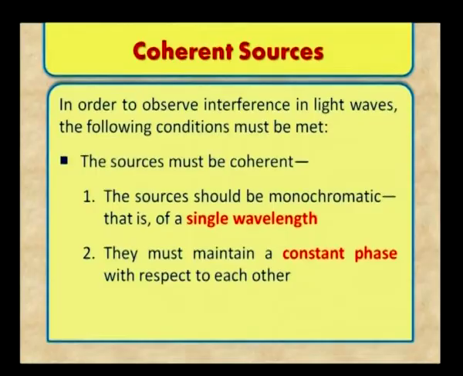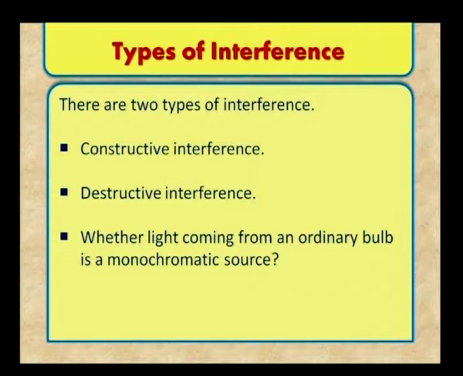If a trough comes, another trough should come, not a crest. If a crest comes, it will lead to destructive interference. So, they must maintain a constant phase. There are two types of interference, as you know by now, constructive and destructive.